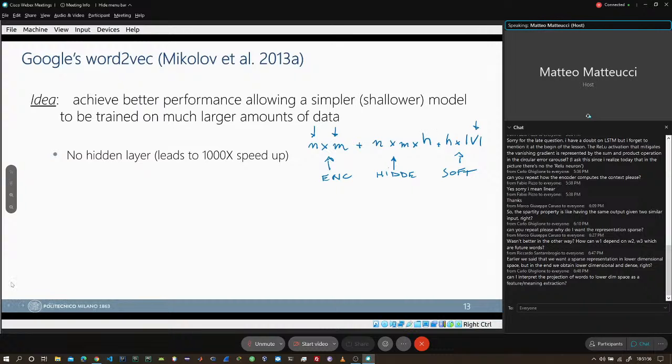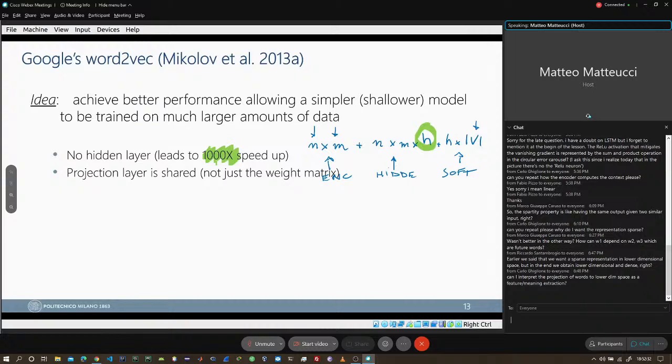If you remove the hidden layer, then this term disappears, which is a very computationally expensive term. And by removing it, they were able to speed up training 1,000 times. Since you speed up 1,000 times, you are able to train on a bigger data set.